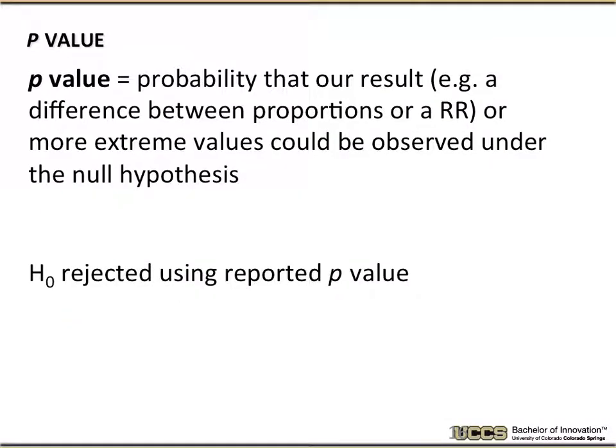Okay. So a p-value, which is a common term you'll see in statistics, is the probability that our result, or the result being reported, between proportions or regression, however, there's lots of ways I could do it. But a p-value really says the probability that the difference I've seen would occur randomly in a sample population.